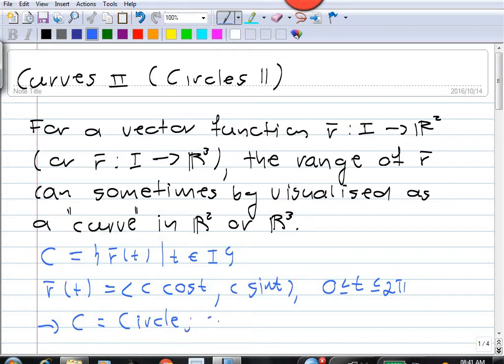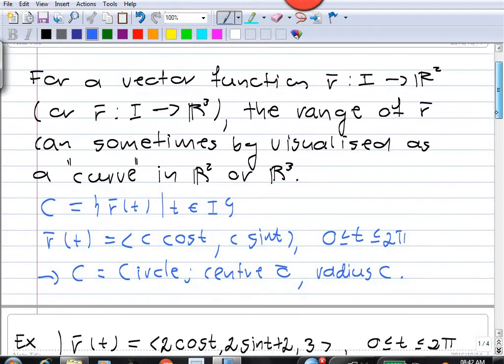Right? The center of this circle is the origin, 0. And the radius is c. Now, from this basic example, we can make a range of different examples. We've already looked at one. Now let's look at another one.